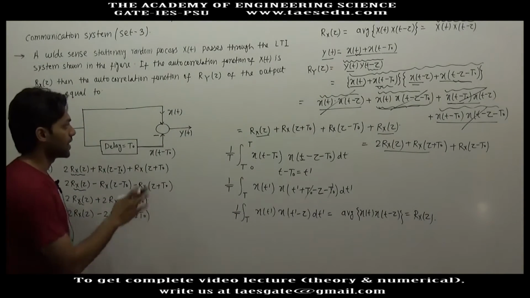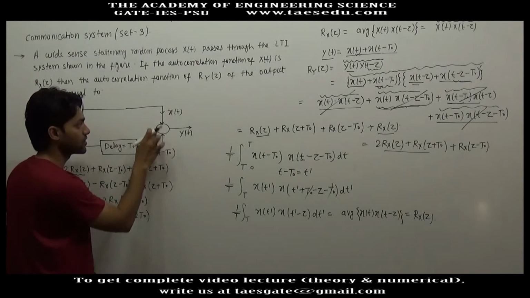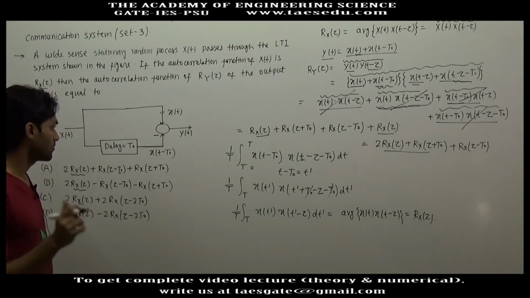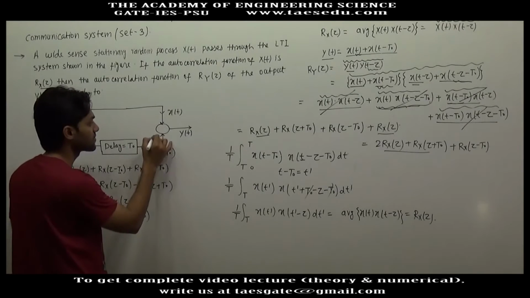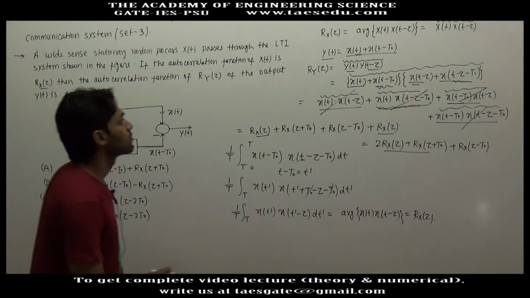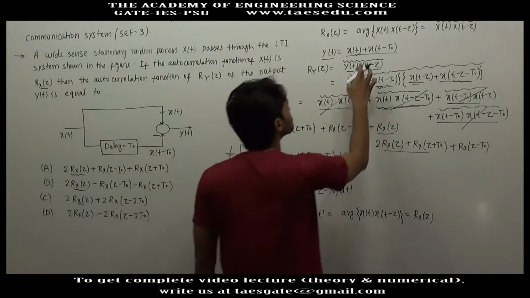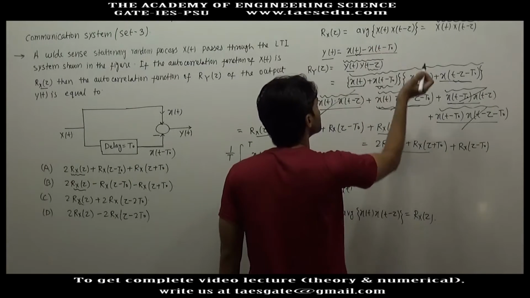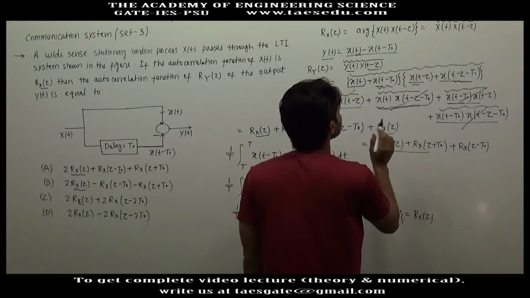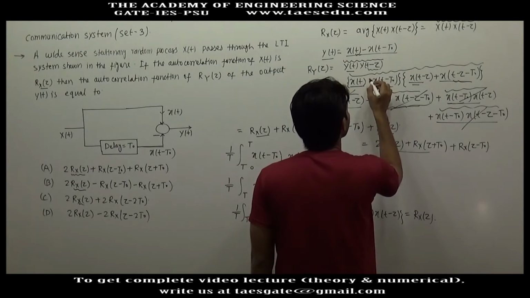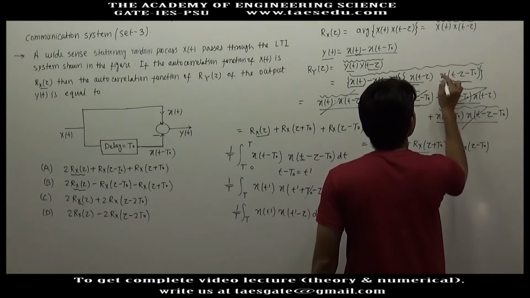I took the summation of these two signals, but originally in the question we have a negative sign here. So to modify, we will have y(t) equal to x(t) minus t naught. So here also we will have a minus sign.